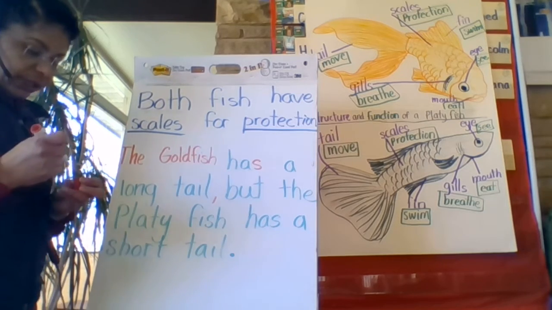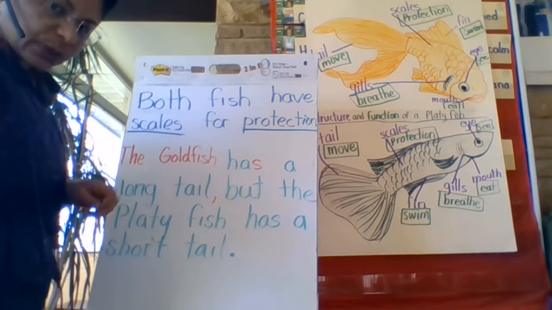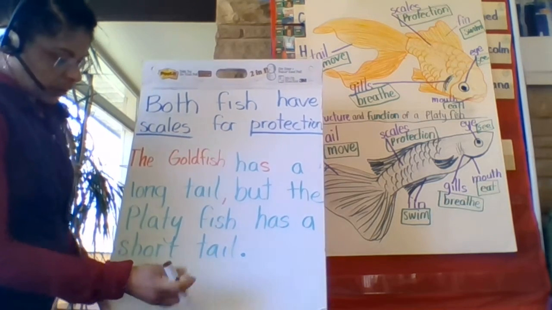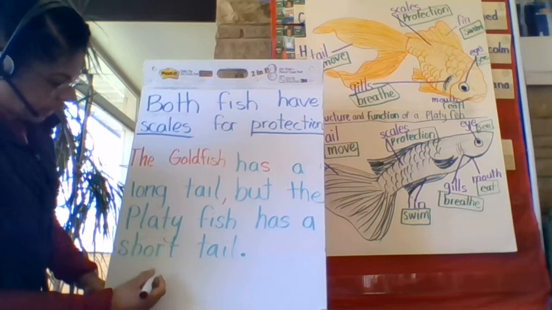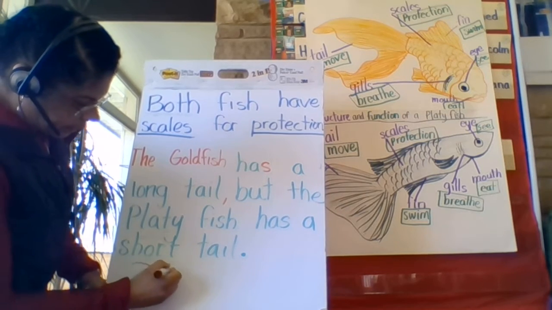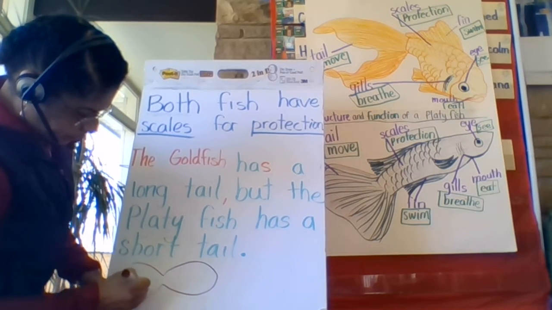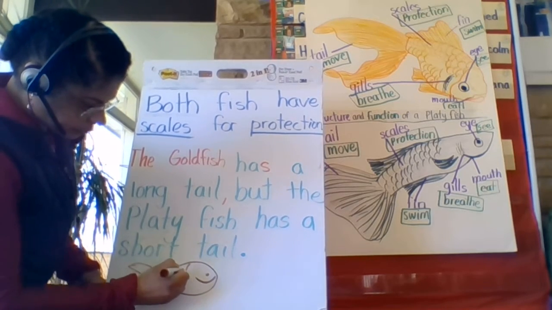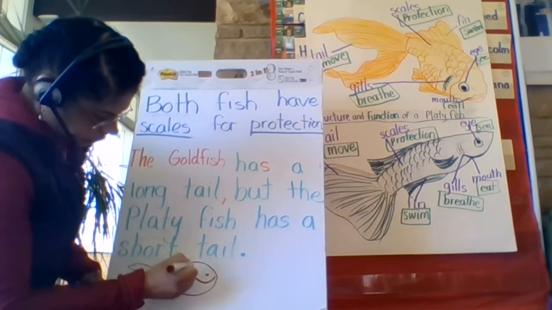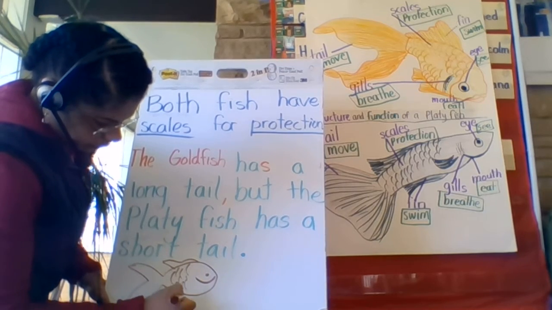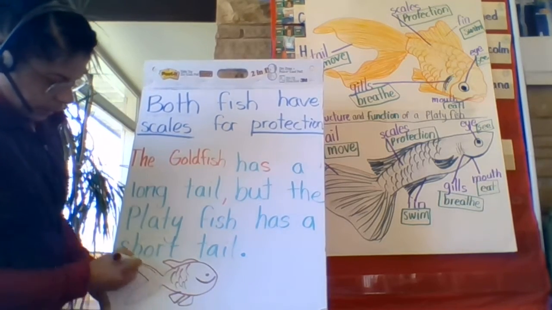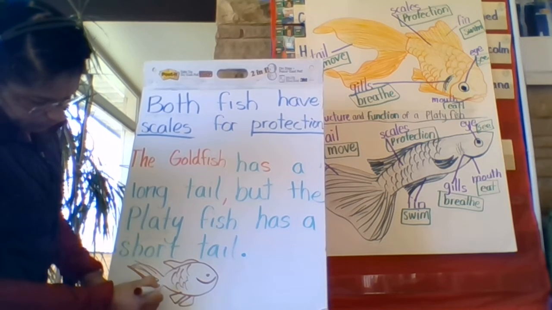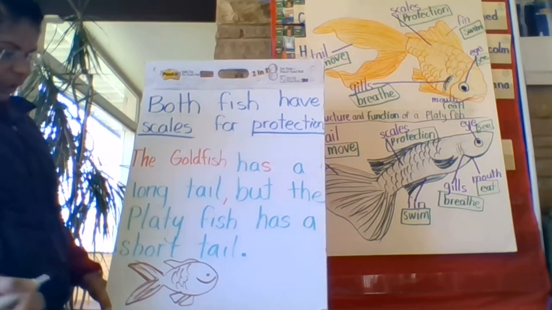So all there is to do is just to have my picture and label it. So I'm going to go ahead and do really quick my illustration. Okay, and here is my goldfish with the V-shaped tail and really long.